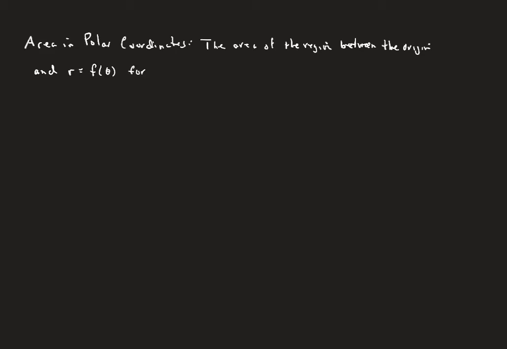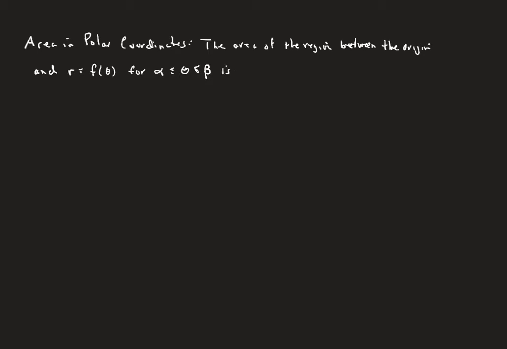And then our boundaries are not going to be just a to b like in rectangulars. We're going to use angles. So we're going to use the Greek letters alpha and beta, for theta between alpha and beta. So the alpha and beta are angles.